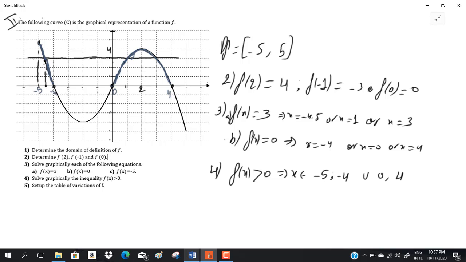At -5, the curve is above the x-axis, so it's closed, it's included. At -4 it is on the x-axis, it shouldn't be included. At 0, it's on the x-axis, it shouldn't be included. At 4 it is on the x-axis, it shouldn't be included. The only abscissa that should be included is the abscissa of the point that is above the x-axis, and here we have 5.